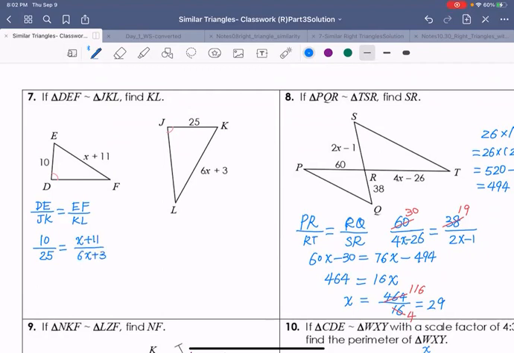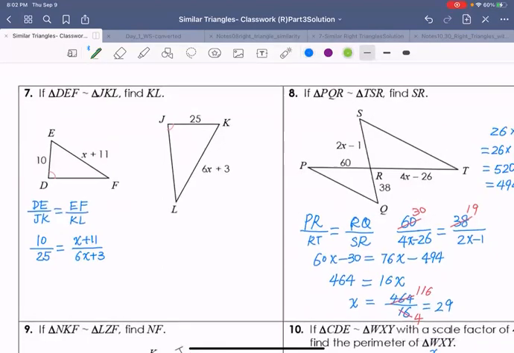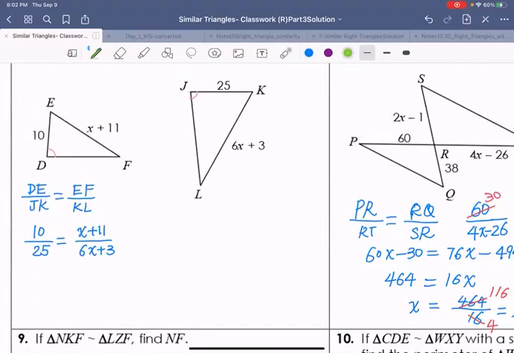Can we simplify first? We can simplify. We can divide 10 by 5 and get 2. And then 25 divided by 5 is 5. Okay. Next. So then we cross multiply and we get 12x plus 6 is equal to 5x plus 55. Okay.